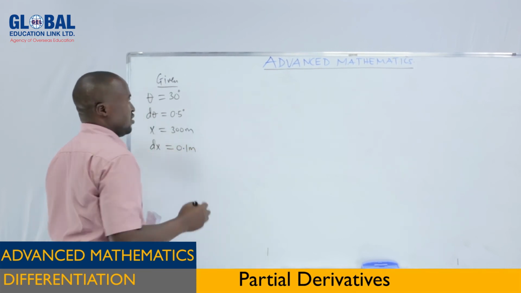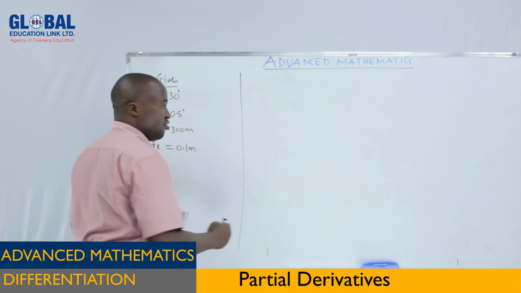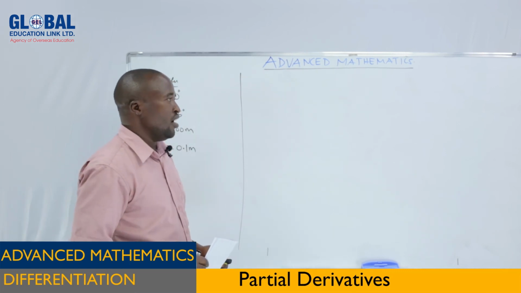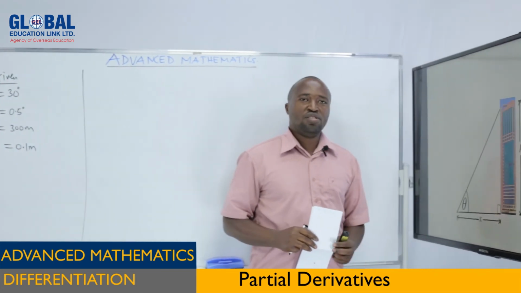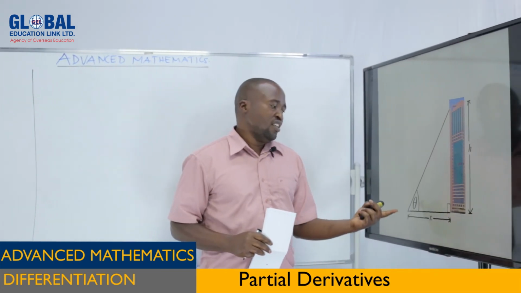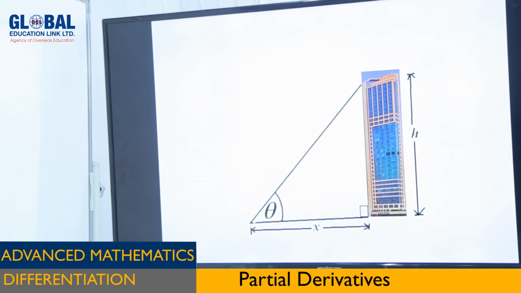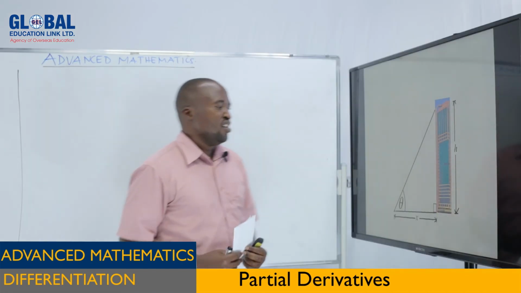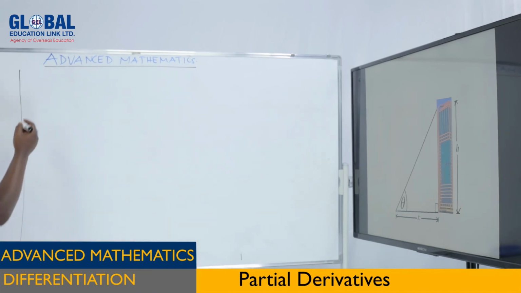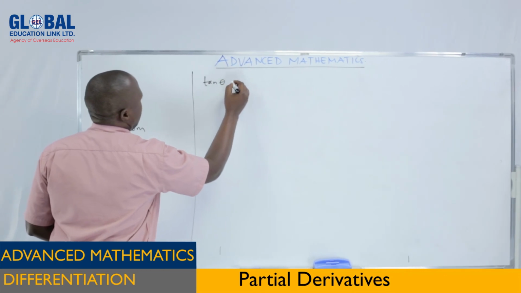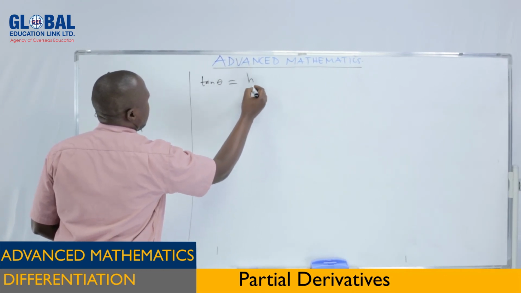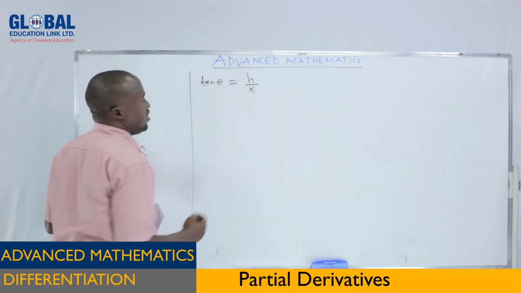So again, dear student, in our diagram here, we can recall the trigonometric ratio: tangent of angle theta is the same as opposite, that is h, over adjacent, which is x. So tan theta is equal to opposite side h over adjacent x.